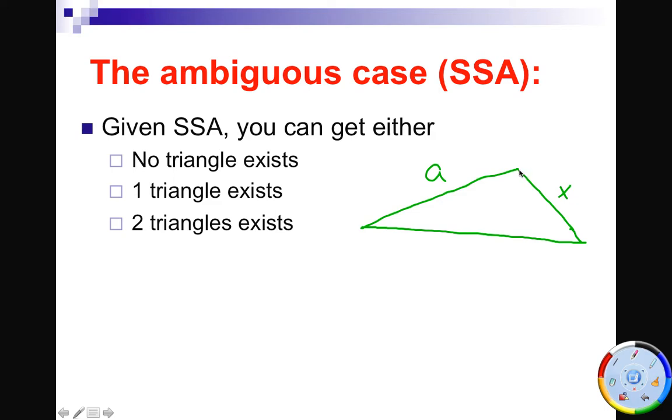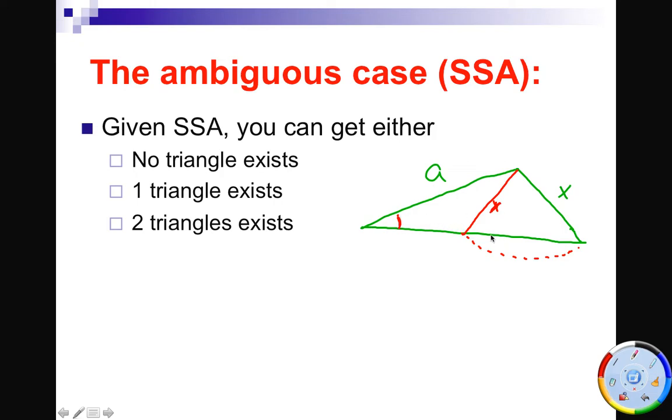We could, if this X is the right length, and if this A is a very certain length, this side doesn't only have to be here. By the way, you would be given this angle. This side could, if you think about picking it up and swinging the bottom out here, create this triangle right here where this side length is X. Which means we could have this big triangle in green, or we could have this littler triangle with the A, the X, and this angle.